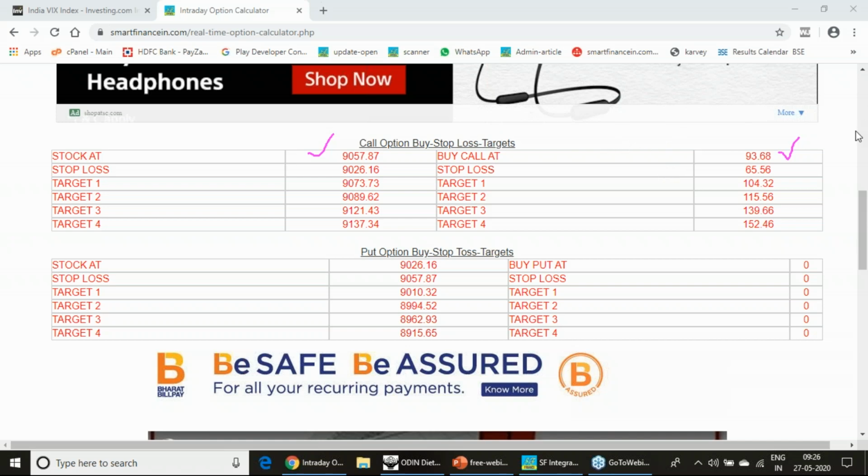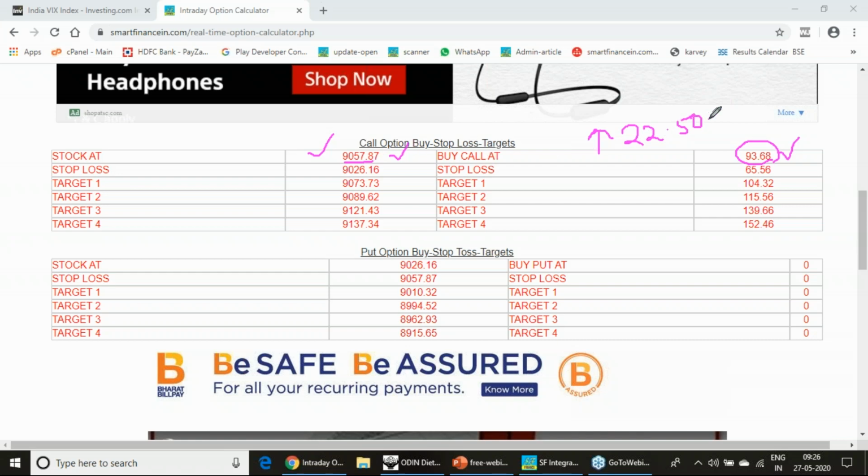Currently, when we have analyzed, the IV is 22.50 or 22 point something. If this IV goes up, this 94 rupees will come earlier, and at that time Nifty is not necessarily at 9058.